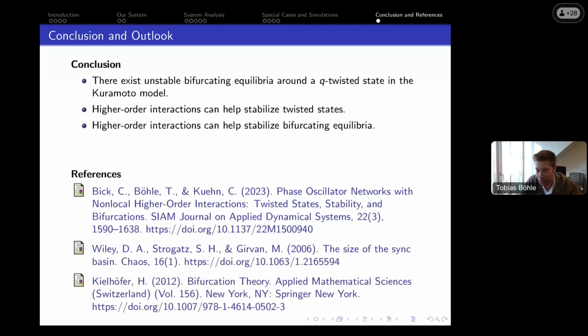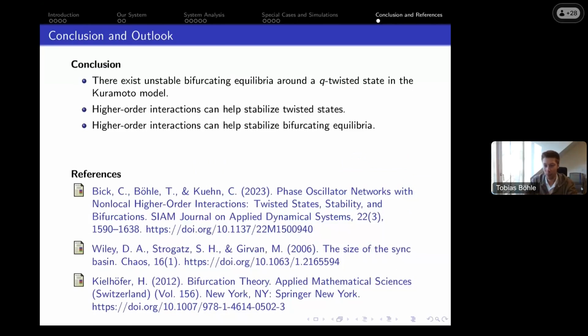Okay, that's basically it. I have some conclusions. My main conclusions are that there exist unstable bifurcating equilibria around twisted states in the Kuramoto model, and you can use higher order interactions to stabilize these twisted states, and not only the twisted states, but also the bifurcating equilibria.